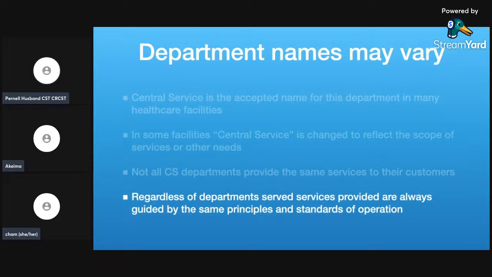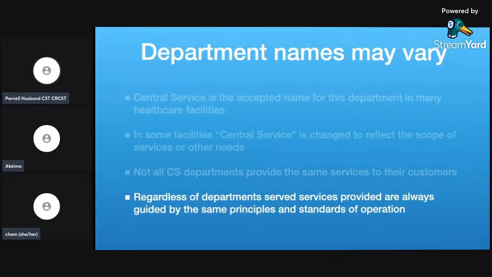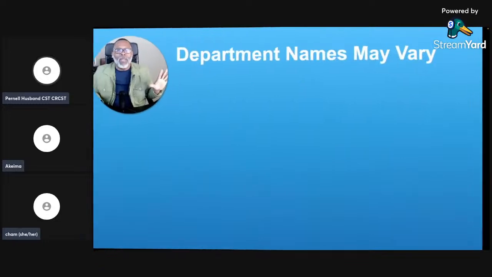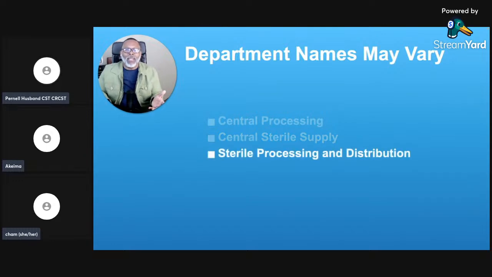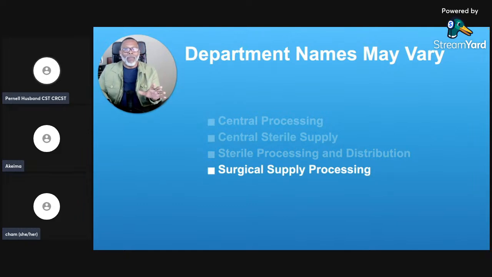Regardless of departments served or services provided, the services provided are always guided by the same principles and standards of operation. So, central services is the accepted name, but you'll see names like sterile processing, central sterile supply, central processing, sterile processing and distribution. Again, it really depends on how that healthcare facility is set up.